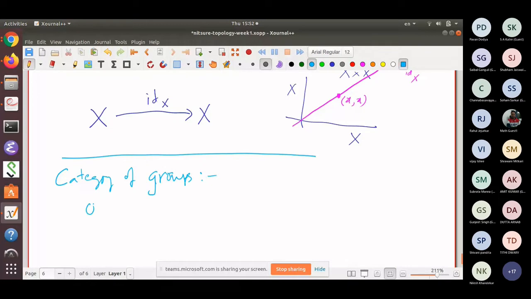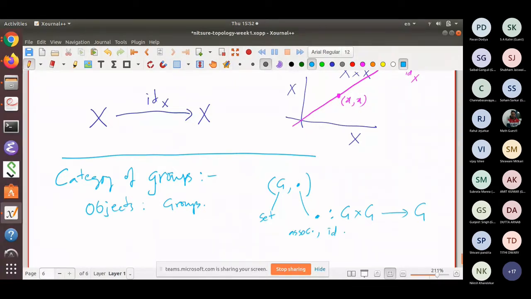Objects, groups. So you know what's a group. A group itself is a pair like this, where this is a set, non-empty of course, and this is a map going from G cross G to G, which is the multiplication map, etc. Associative, identity.